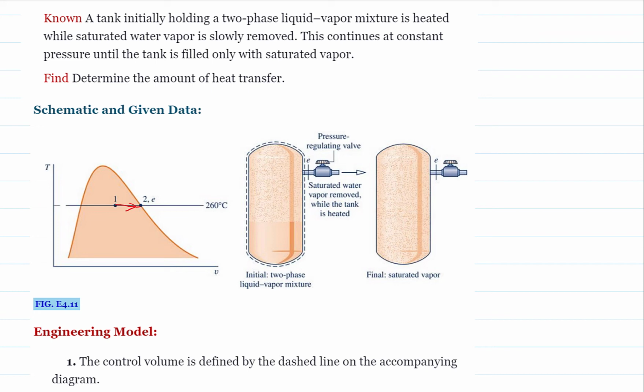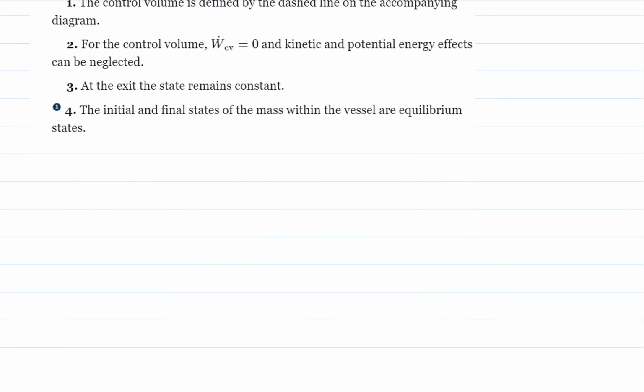So the quality is 1 at the final state. So we can write the mass balance equation. It has a single port and there is no mass going into the system, but mass is leaving the system. So this is the mass balance equation and the energy balance equation.